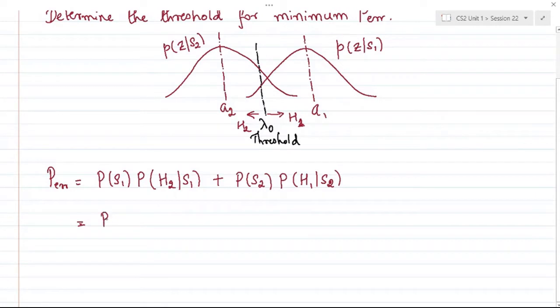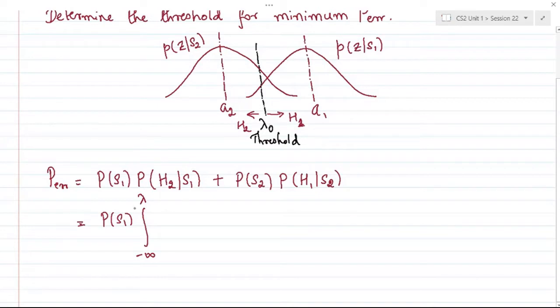Okay, so probability of S1 times, so this is a conditional probability distribution. We know the distribution already, so this is integrating over all the values from minus infinity to the threshold. I'll take the threshold as lambda as of now. I'll condition the probability of error to be minimum such that I find what my threshold would be, and that threshold I would get as lambda naught.